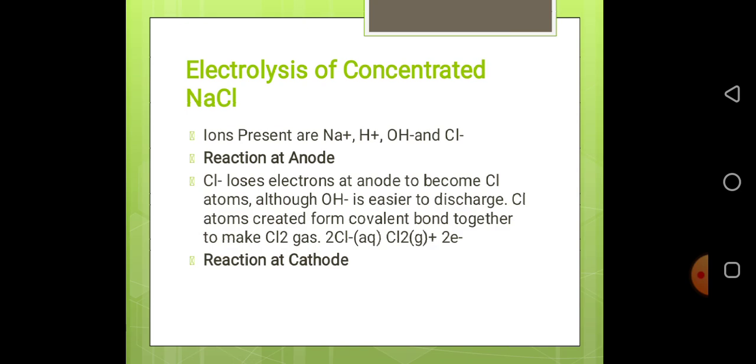So this is the reaction: chlorine ion dissociates to give chlorine atom plus 2 electrons. That is, the chlorine has been discharged at the anode.